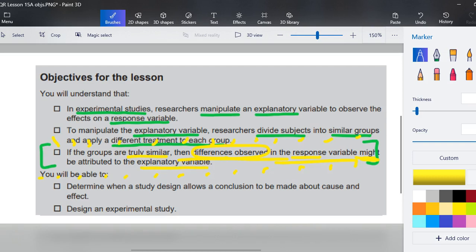So even though we get all excited that if it's really similar and we see some differences, we still have to be cautious on how we write our results. Determine when a study design allows a conclusion to be made about cause and effect, when we can say that, and then design an experimental study.